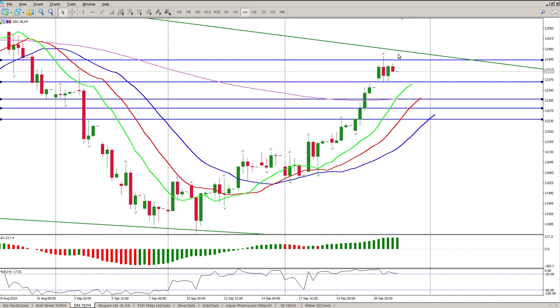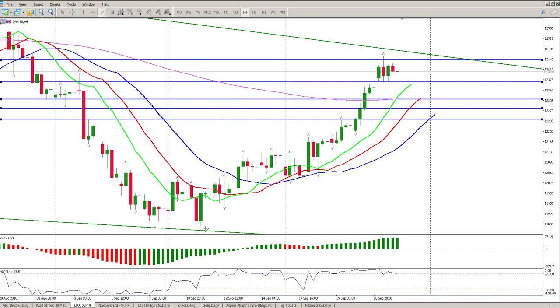So I anticipate more consolidation and a move to the downside could possibly get us to 12,300. So 12,300 is the area to watch. Any kind of bullish price action there would be a pretty good area to be long.